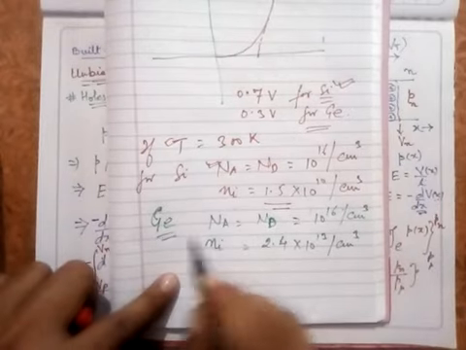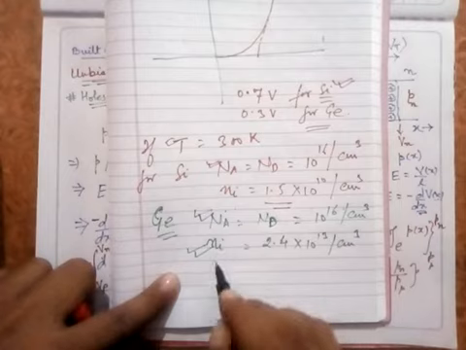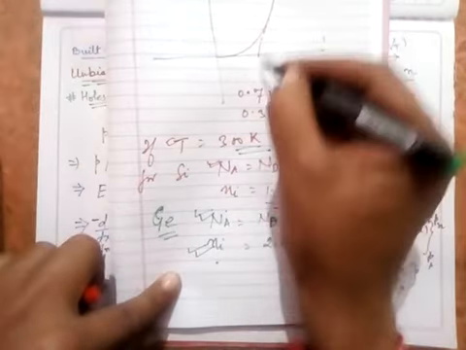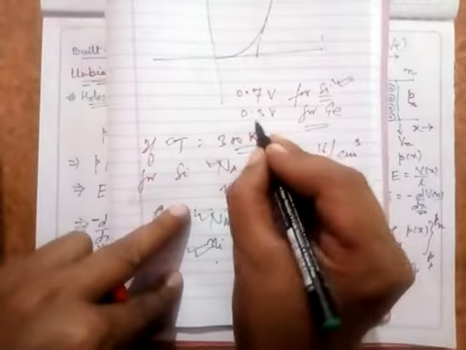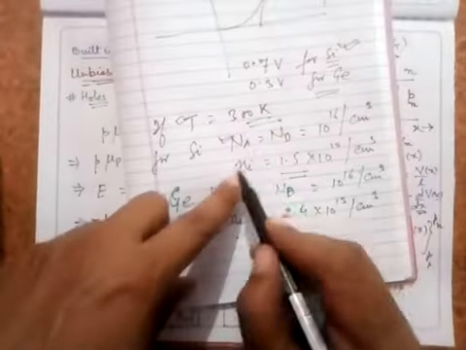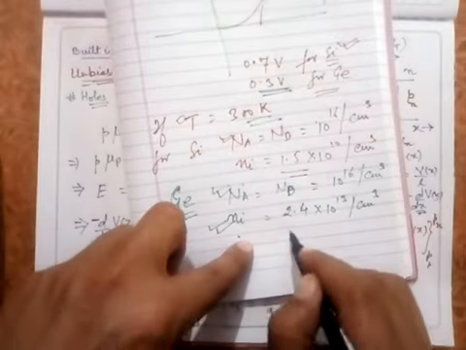Then under these conditions, at room temperature, the built-in voltage, this knee voltage or barrier potential for germanium is 0.3 volt. It is under certain conditions.